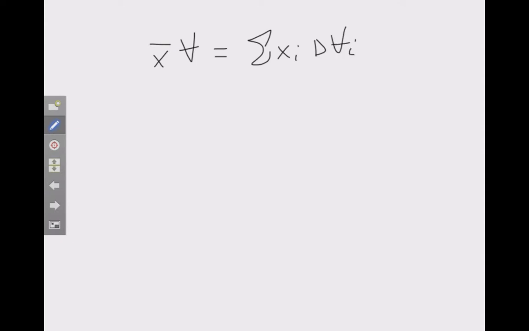And so x bar is really just this length C prime that we're interested in. This is the lever arm of the displaced volume. V is the total displaced volume.